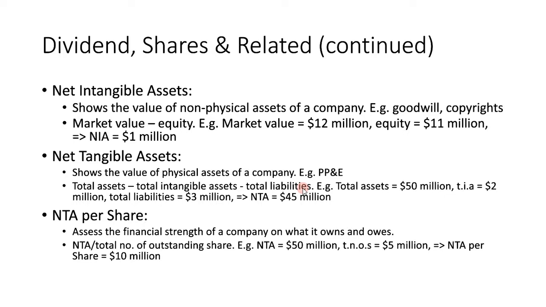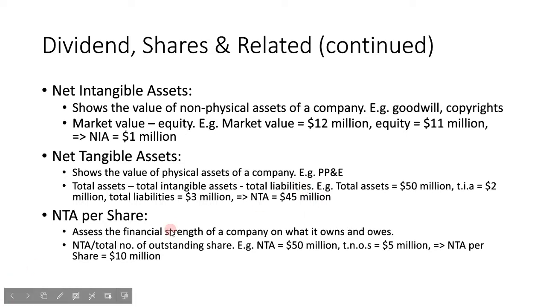Proceeding further, you have NTA per share, which just assesses the financial strength of a company on what it owns and what it owes. So it's just basically how much money per share of the company is in net tangible assets.